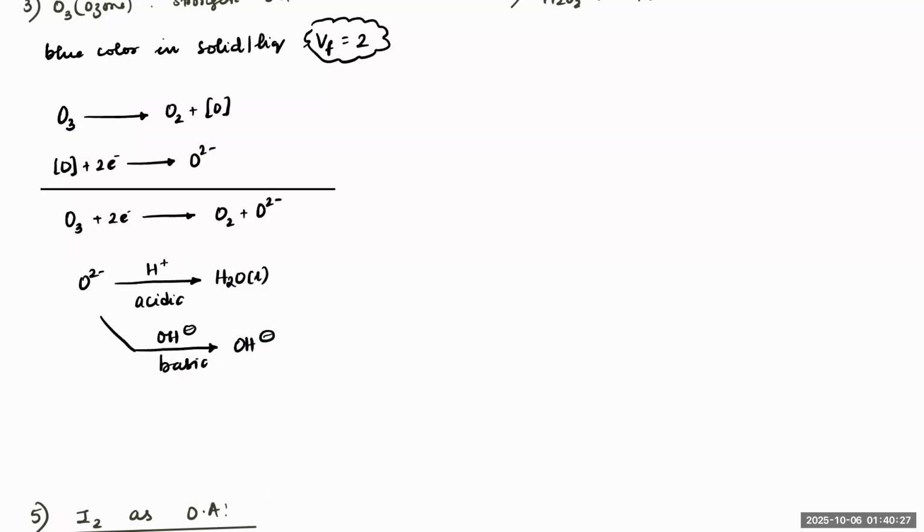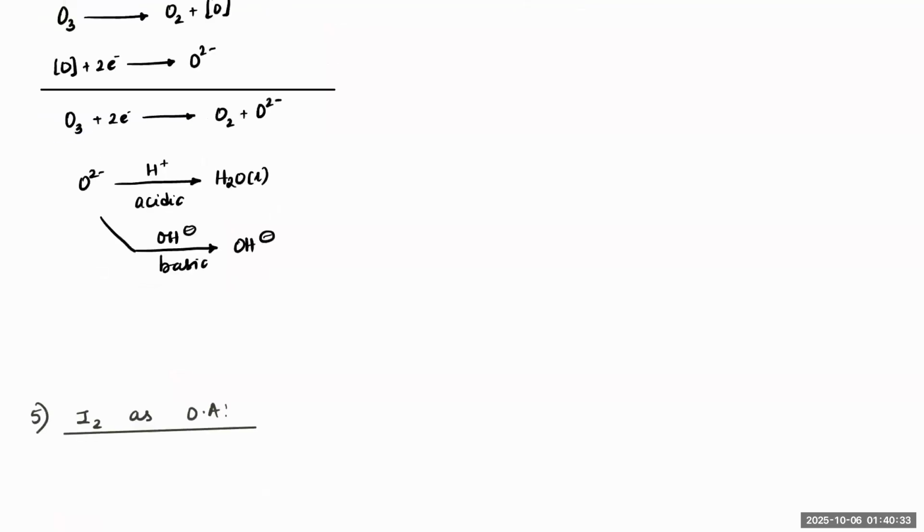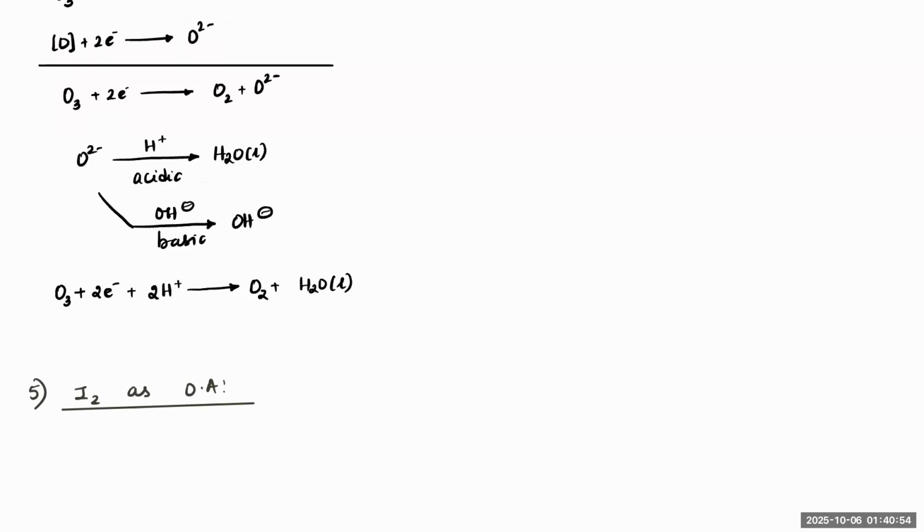Overall, if I write ozone in acidic medium, this is what it means: O3 plus 2 electrons plus H plus converts itself into O2 plus H2O liquid, so I should have 2H plus here. This is in acidic medium.